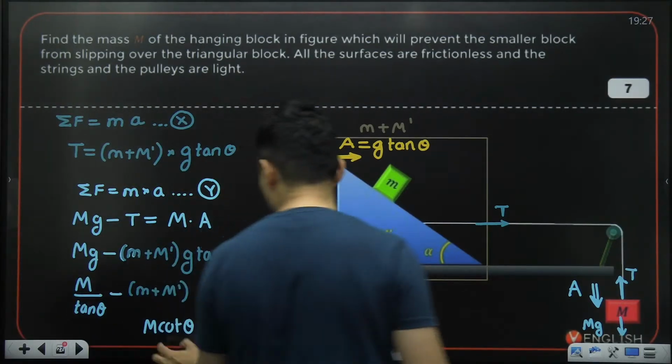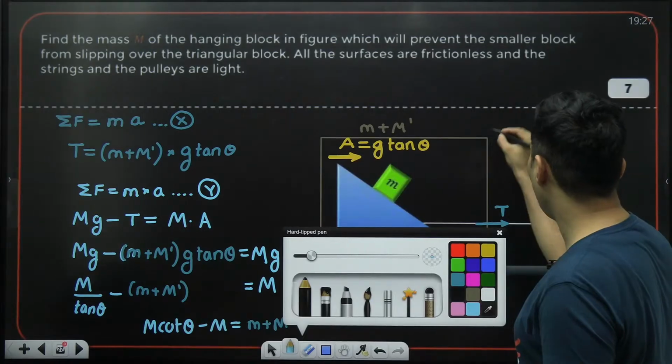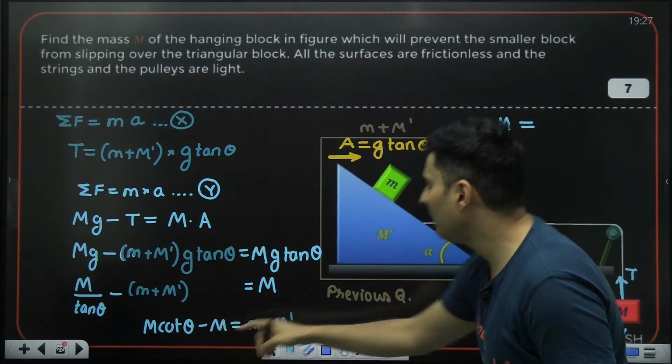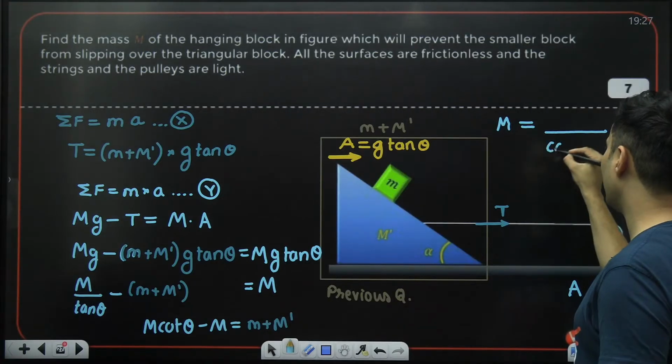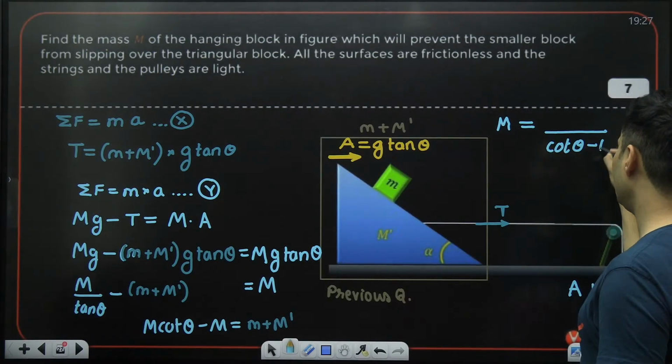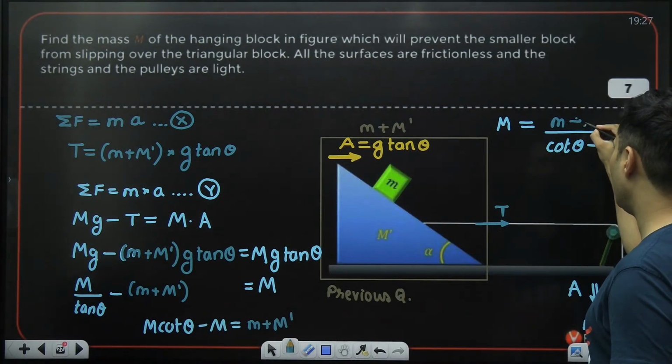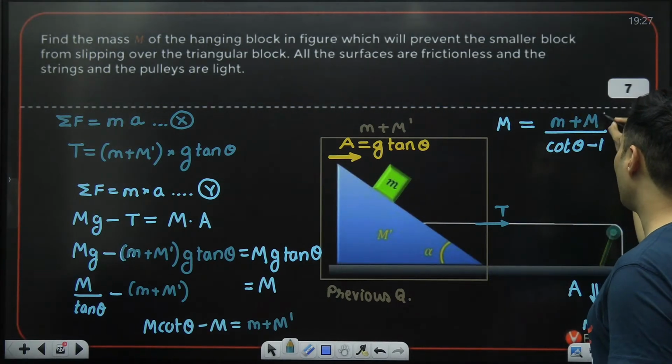Taking m common, what am I left with? Cot theta minus 1. So cot theta minus 1 will come below. And on the top, I'm still left with m plus m prime.